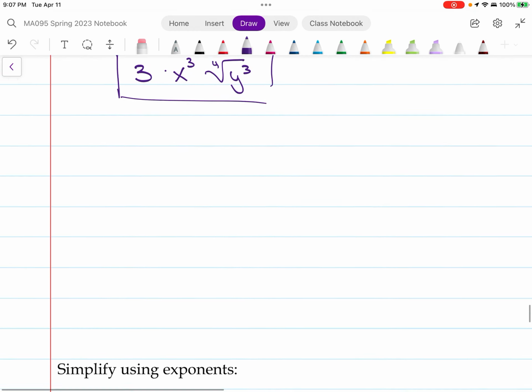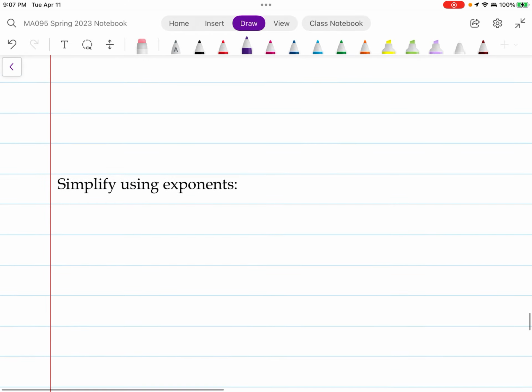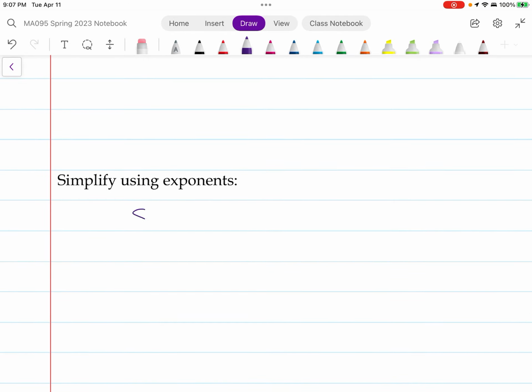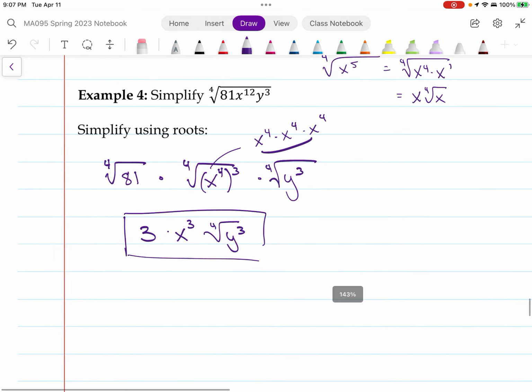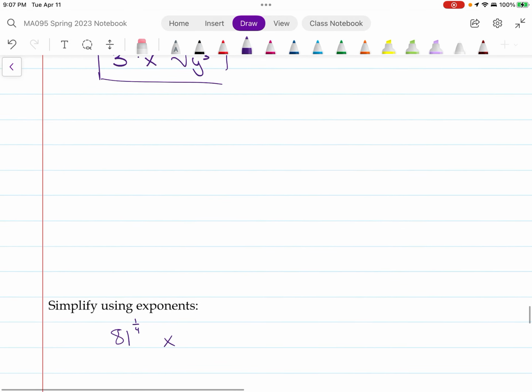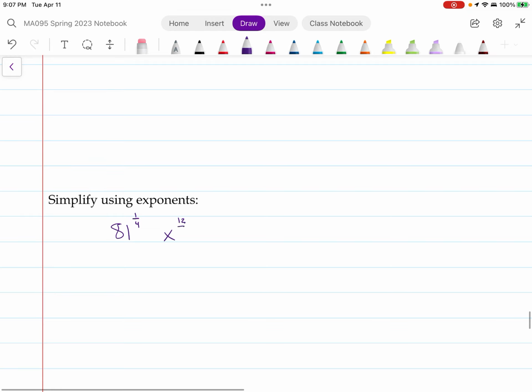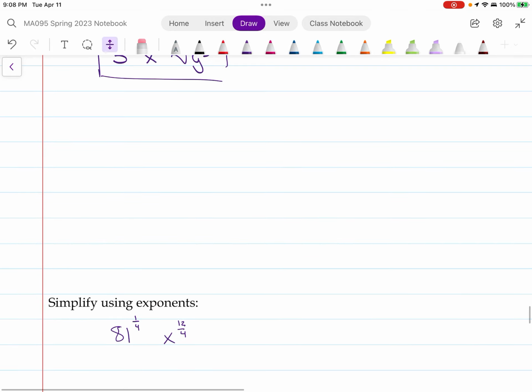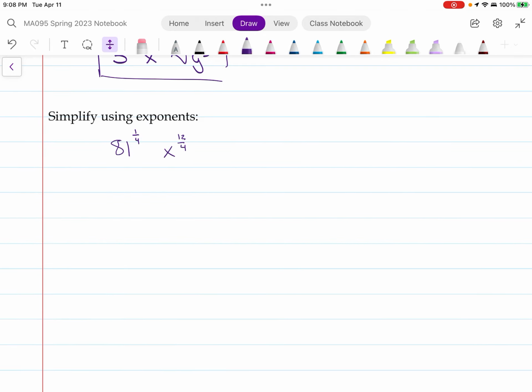All right, so the next one is simplifying using exponents. So I would have 81 to the 1/4 and x to the 12/4. Okay, so we learned that last time, 12/4. Let me scoot this together a little bit so we can get back up where we can see that.